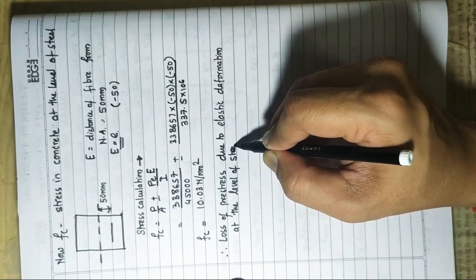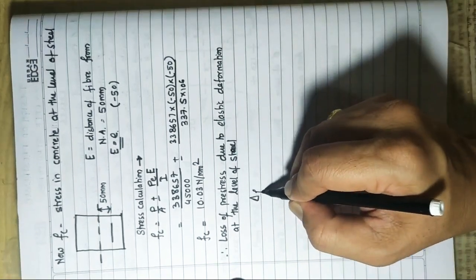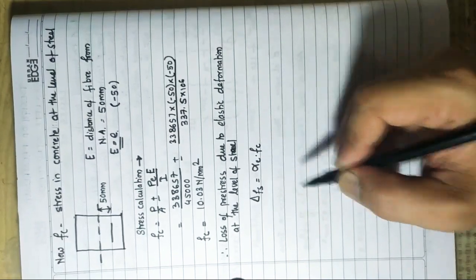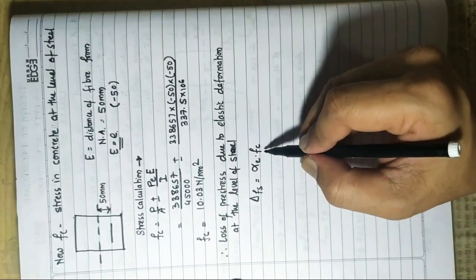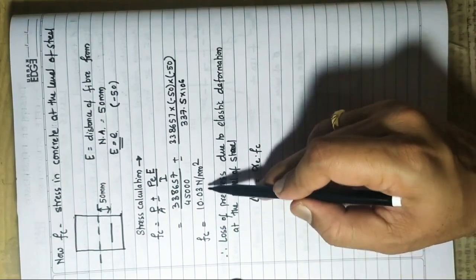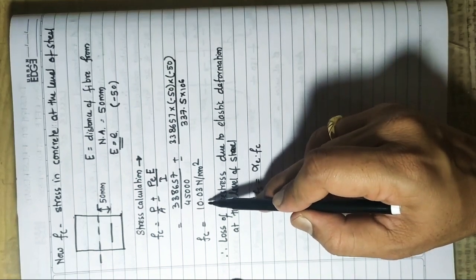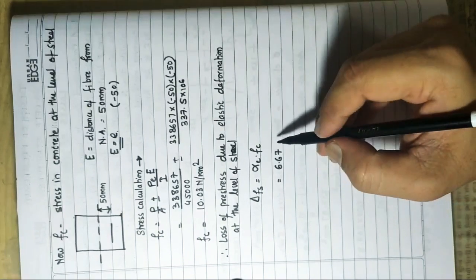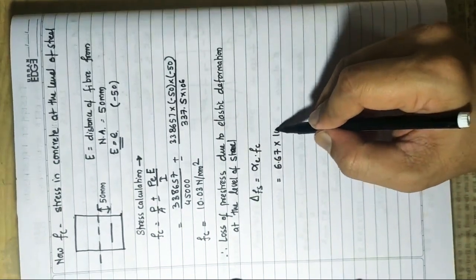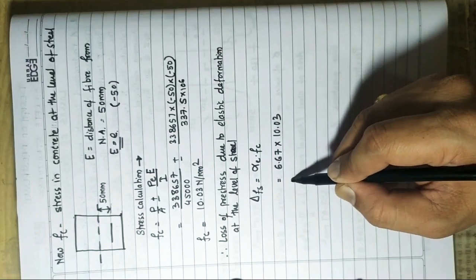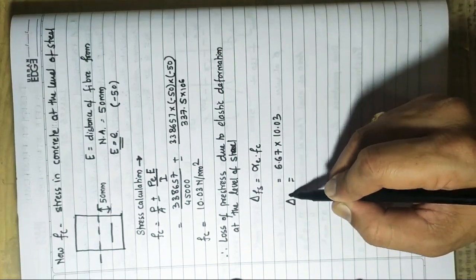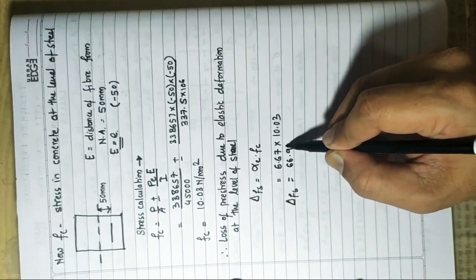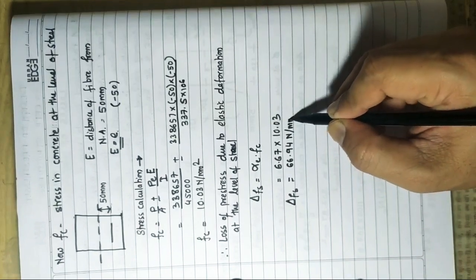So delta Fs is equal to alpha E into Fc. Alpha is the modular ratio that we have calculated, and Fc is the stress in the concrete at the level of steel which we have found. So we calculate this as 6.67 what we got earlier multiplied by 10.03, and we are able to have the value of delta Fs as 66.94 Newton per mm square.